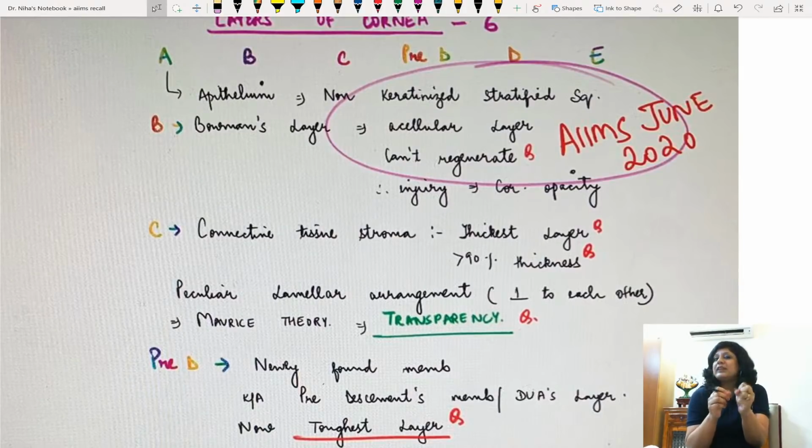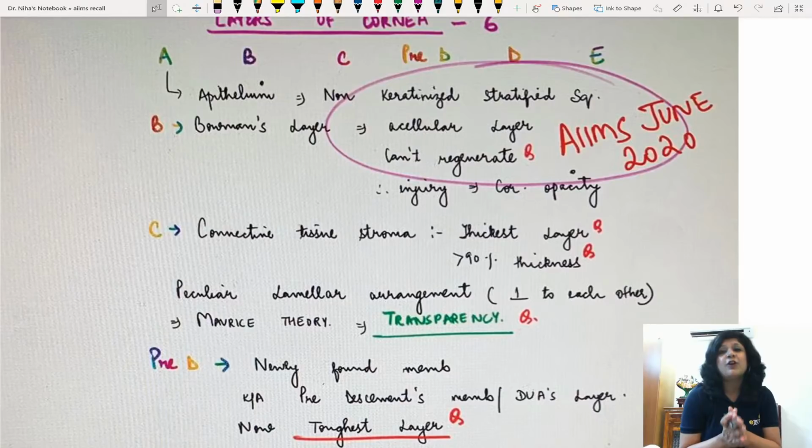Like we all know that endothelium is the main layer responsible for maintaining the fluid levels, but along with the endothelium, epithelium also plays a role, because of the tight junctions. So we have got the tight junctions in the epithelium.